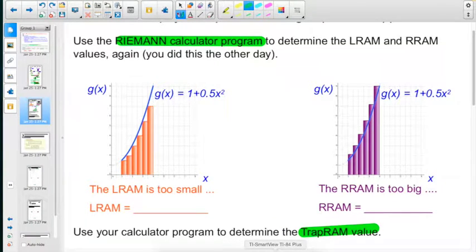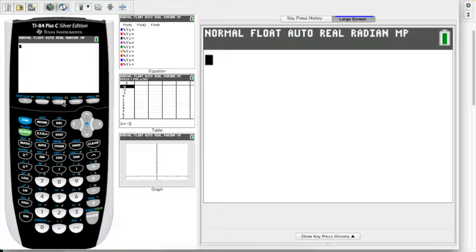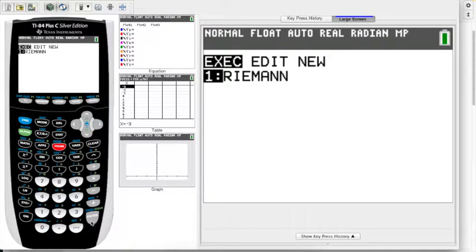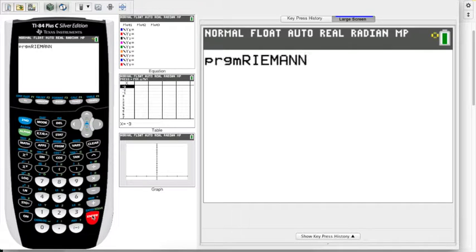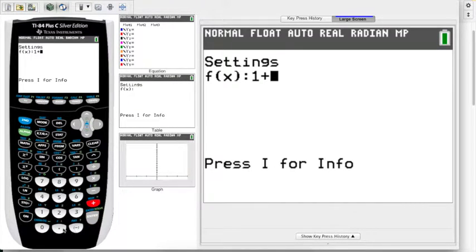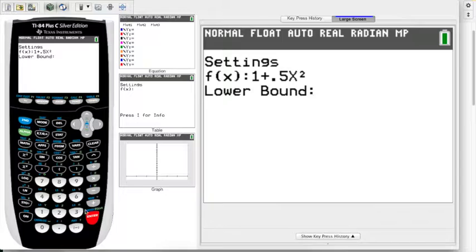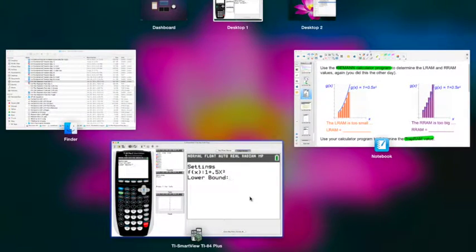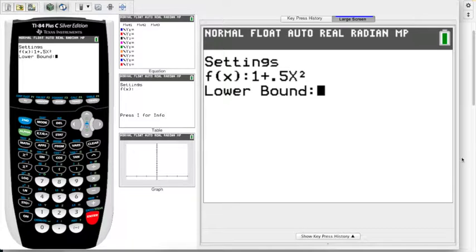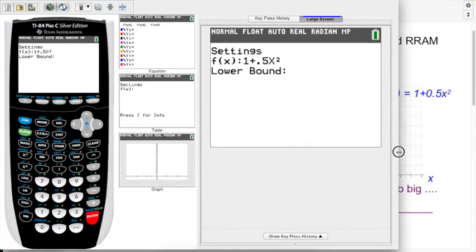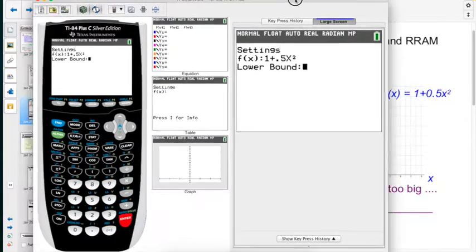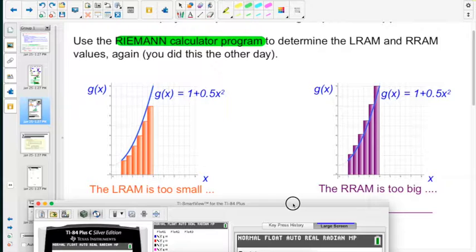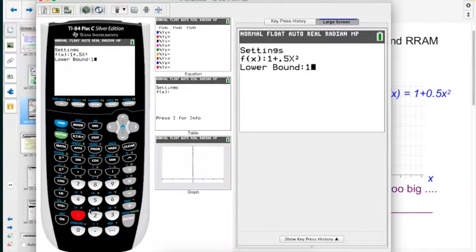So if we grab our graphing calculator here and put in the 1 plus 0.5x squared, we'll go ahead into our program and our Riemann sum, and our f of x is 1 plus 0.5x squared, and our lower bound is 1 and our upper bound is 4.